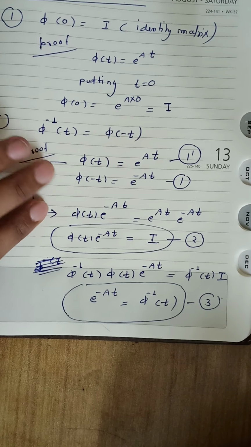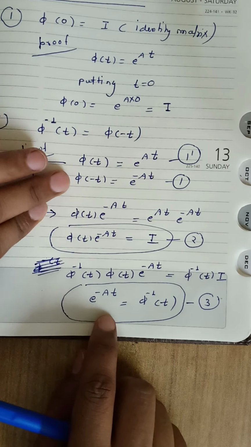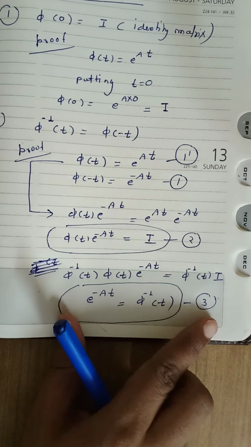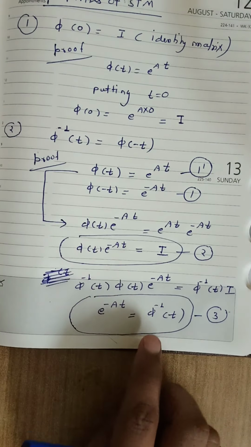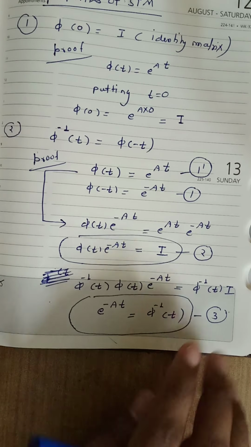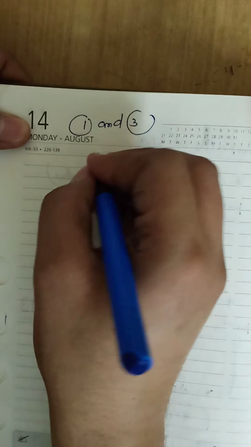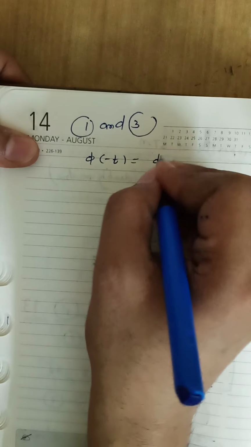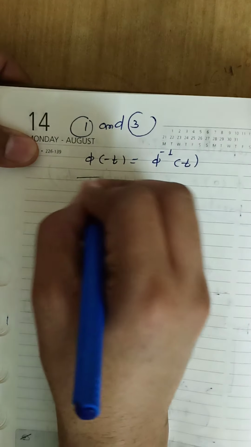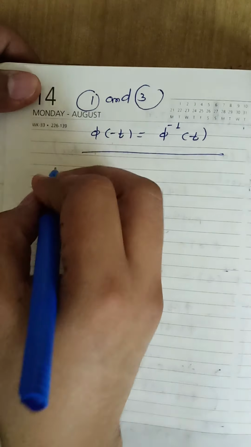So if we compare first and third equation, from first and third we can say phi of minus t equal to phi inverse t. Hence proved.